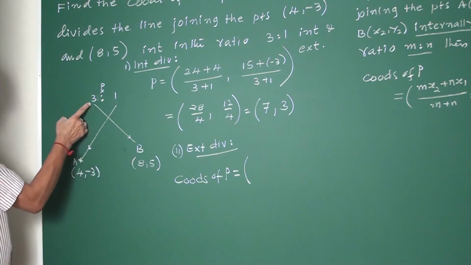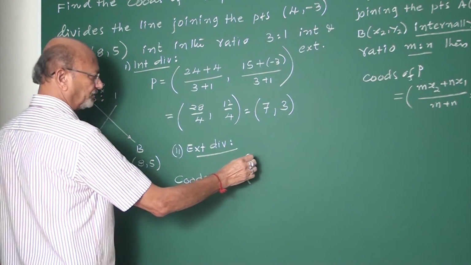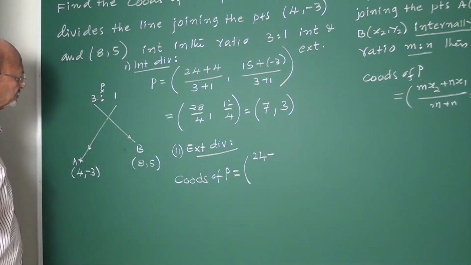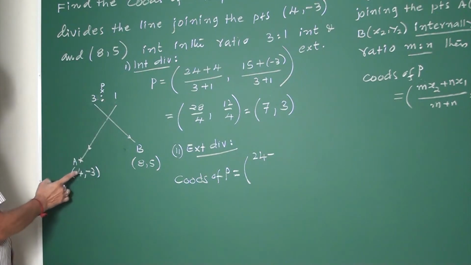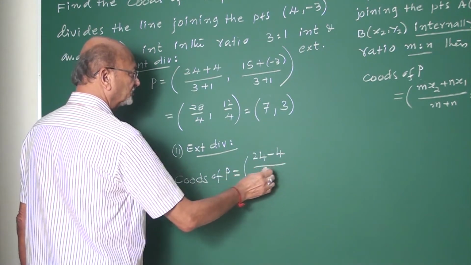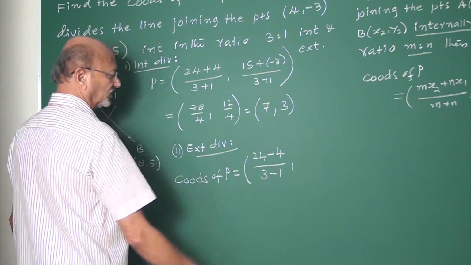First, mx2, 3 into 8 is 24, minus nx1, 1 into 4, minus 4. Down is m minus n, 3 minus 1, comma.